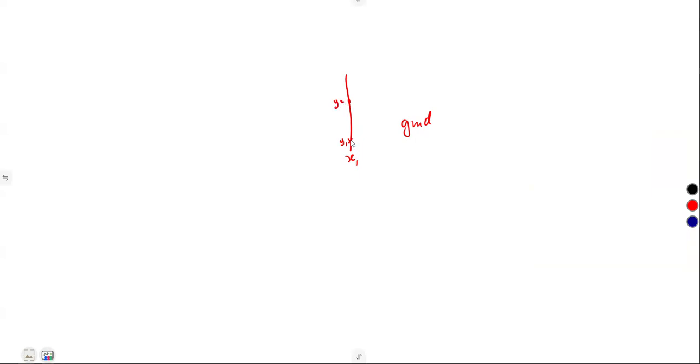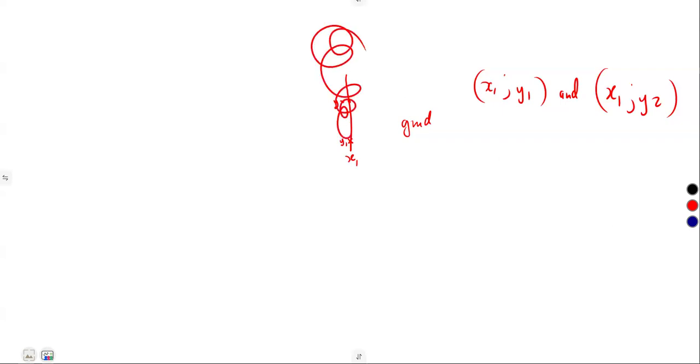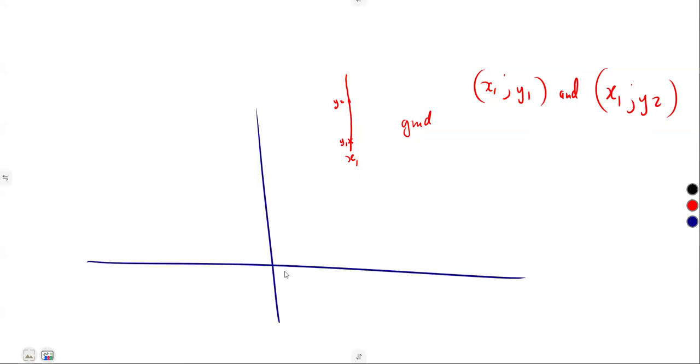But the x value remains the same throughout, meaning the first point will be x1, y1, and the second point is going to be x1, y2. The y values can change, but the x values are the same. That's why every vertical line has its equation given as x is equal to.